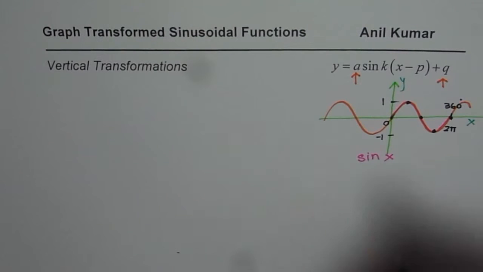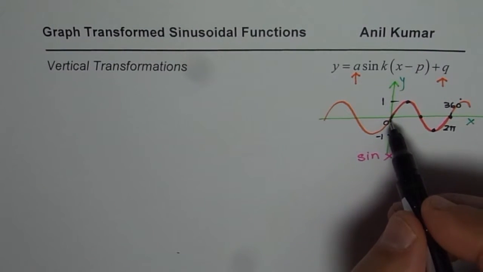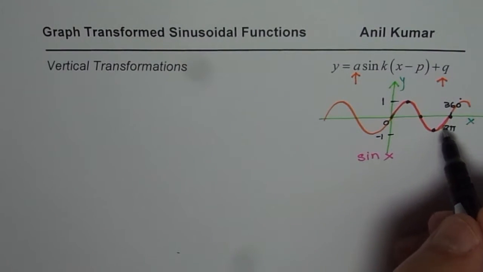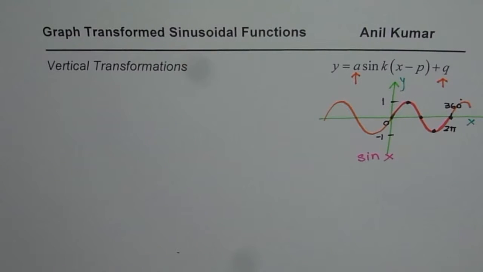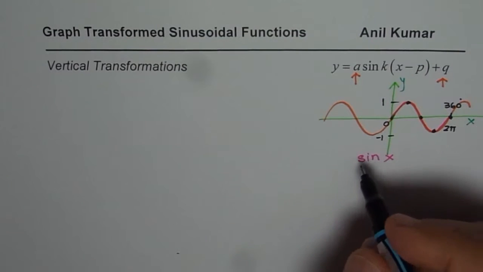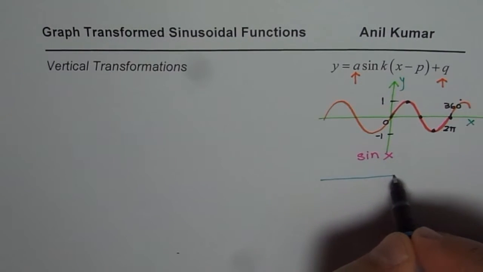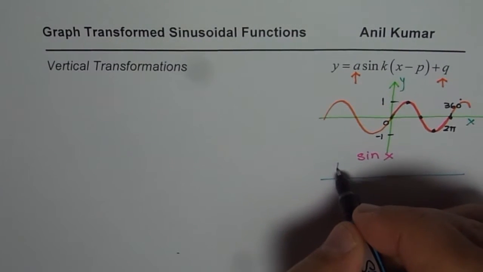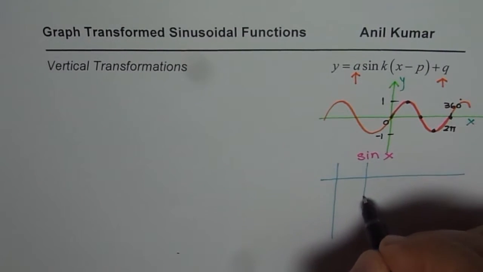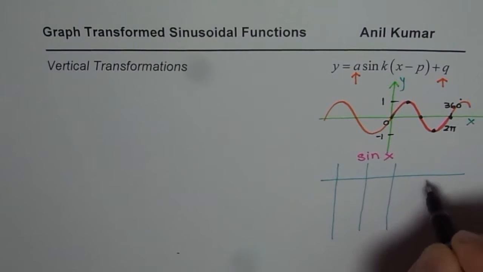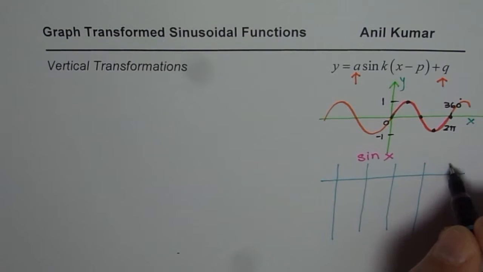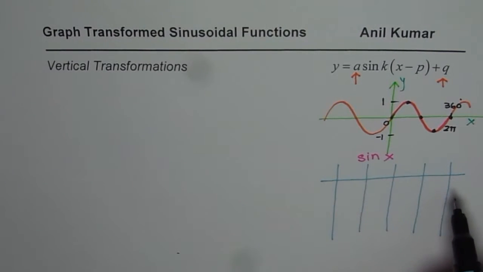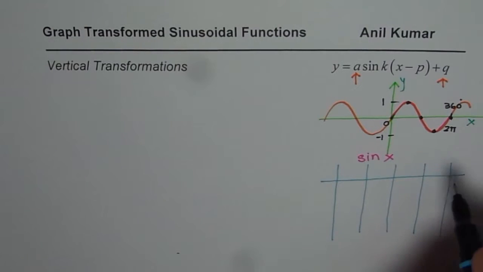Now these points are 0, 1, 0, -1, 0. So let me make a table so that it helps us identify these points and remember them. This is the kind of table which I'm going to use most of the time while discussing transformed sinusoidal functions, right? So we have 5 points here.